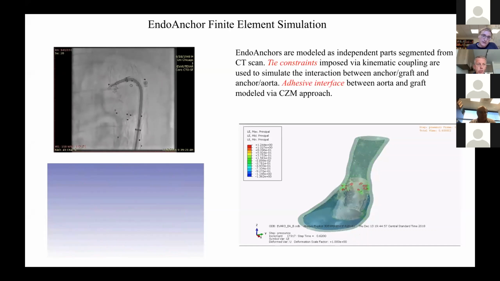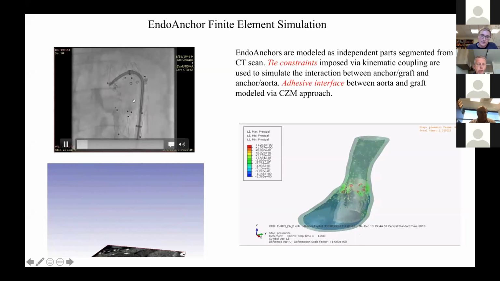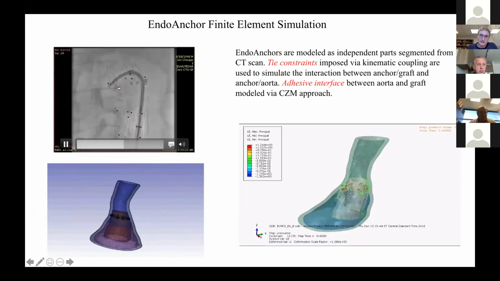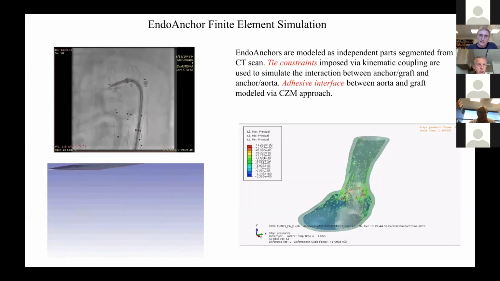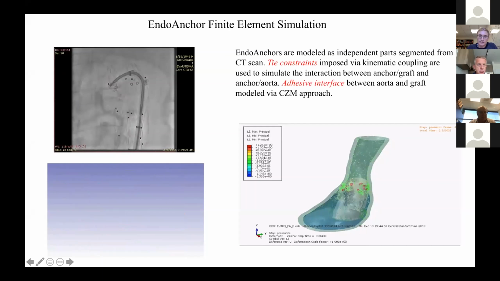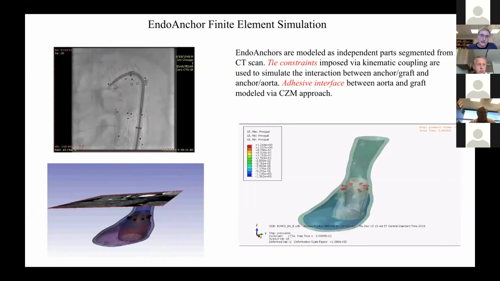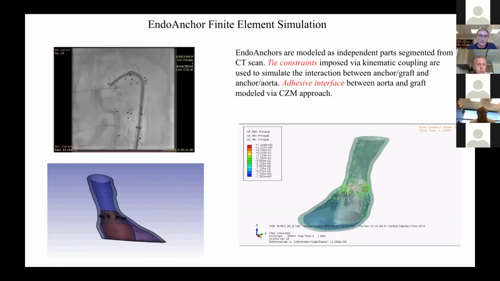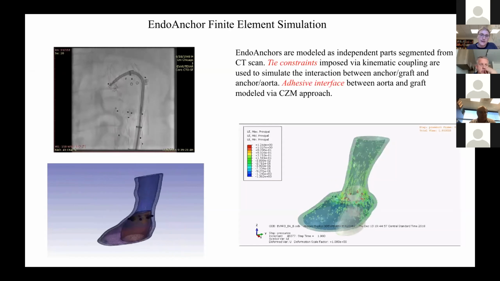So what you're seeing here, you may be a little surprised by, but this is exactly the cutting edge clinical technology. So we take these interfaces and we screw screws between the endograft and the aortic wall with the hope that we will stabilize that interface and prevent leakage around it.